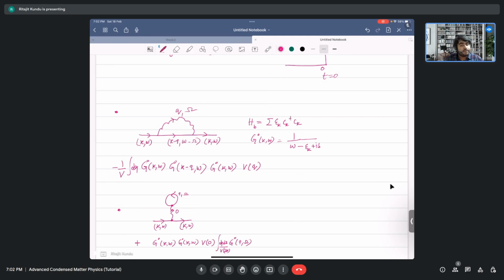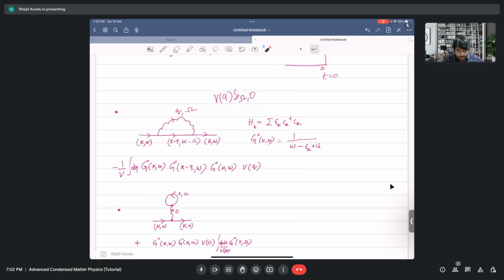You can write this with q, omega, and if you want to incorporate omega in V(q), that has to be delta of omega comma 0, so omega has to be 0. There is no other frequency dependence in this bare Coulomb interaction. If you introduce omega and do the integration over omega as well, you will see that you get down to this equation only.